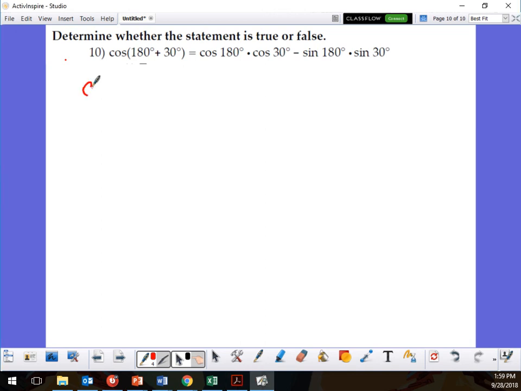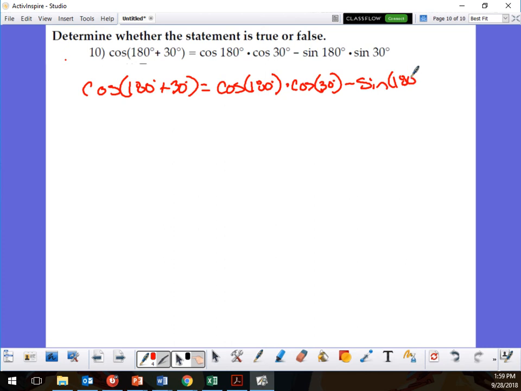So it's cosine 180 degrees plus 30 degrees equals cosine 180 degrees, close, times cosine 30 degrees, close it again, minus sine 180, close, times sine of 30 degrees, close.